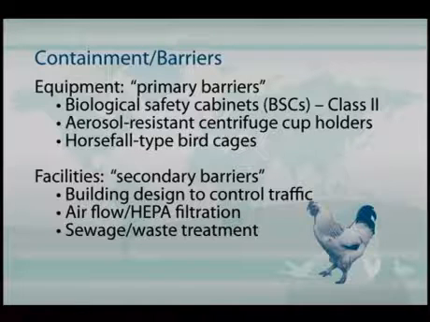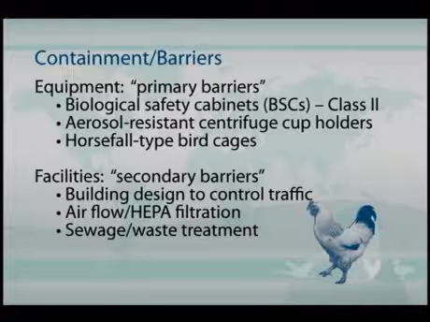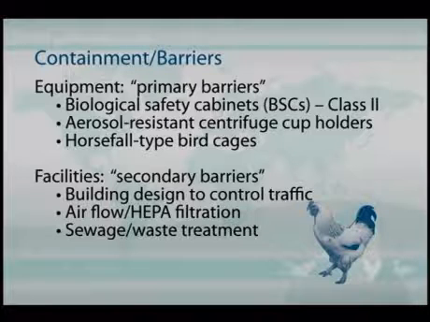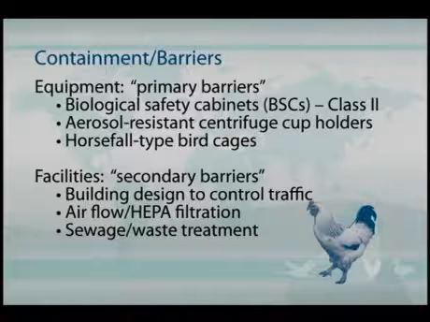Secondary barriers are basically related to the facilities, the room that the primary barriers are located in. These are usually part of the building design, and these buildings should be designed to control traffic so that you don't have personnel in that work area who don't need to be there. We restrict their access. Airflow, such as HEPA filtration, is another secondary barrier. We talked about the biological safety cabinets as being the primary barrier.